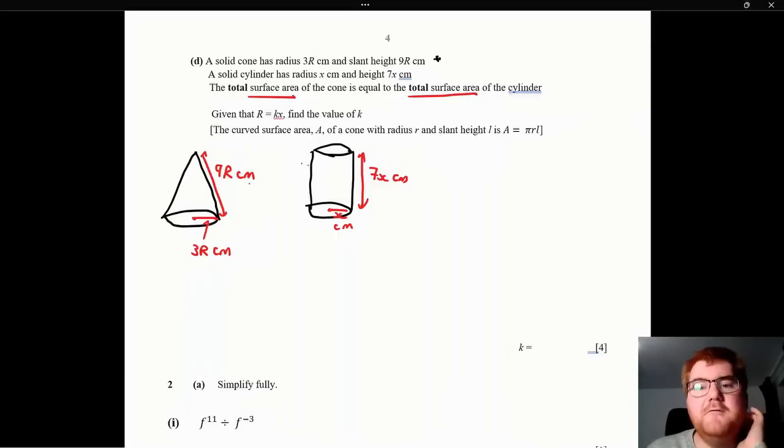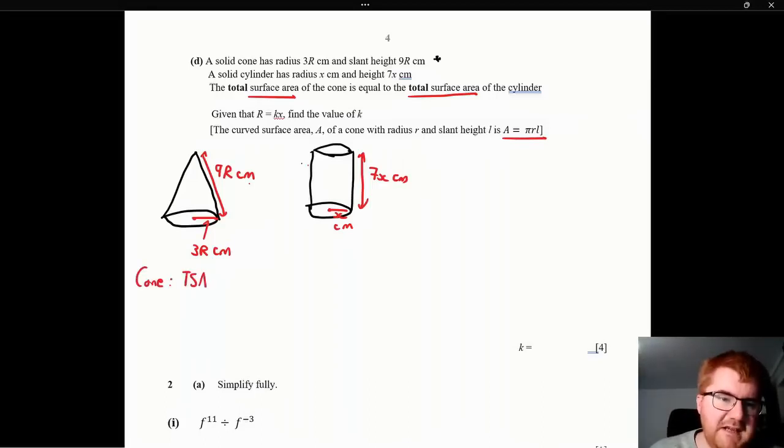And we're given some useful formula here. So we're given the curved surface area of the cone is equal to pi rl. Okay, so let's start with the cone first of all. So the surface area of the cone, I'm going to call this TSA, total surface area, is equal to the pi rl that we talked about before, the curved surface area, so this bit going around here, but we also have to add in the base as well, and the base is just equal to pi r squared.